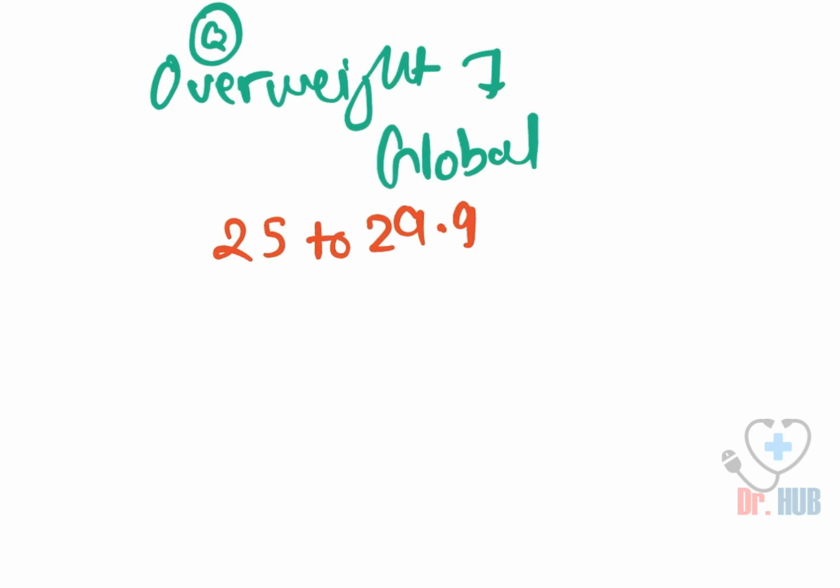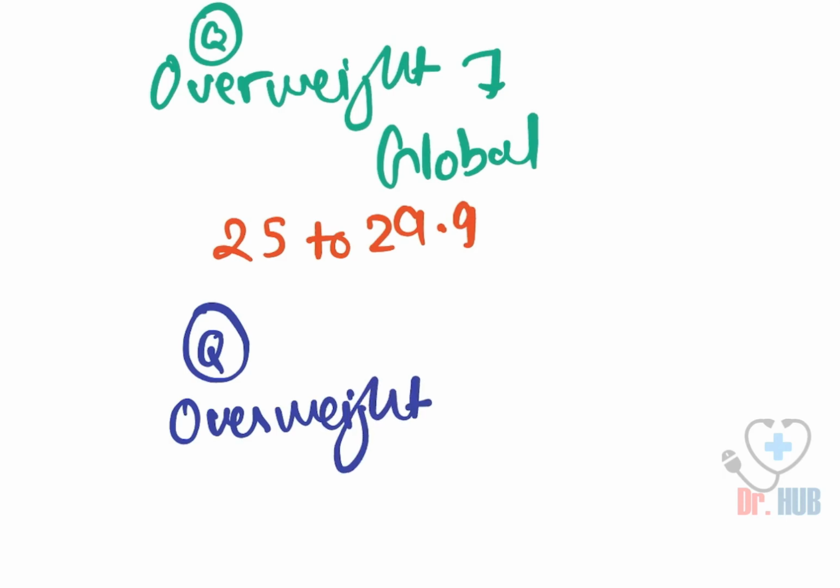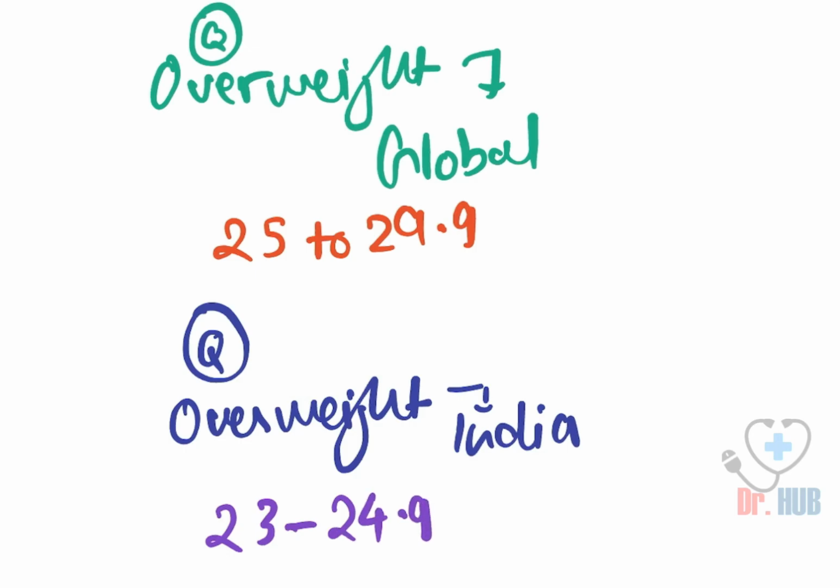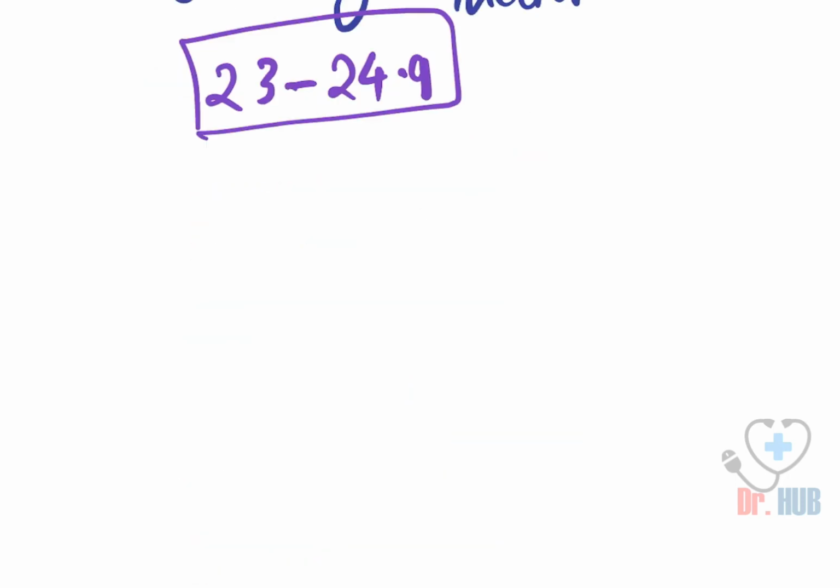The next question we asked was, what is considered overweight in terms of India? In India, overweight is 23 to 24.9. So what we see is that on the global scale it is a bit higher, whereas in India it is a bit lower.